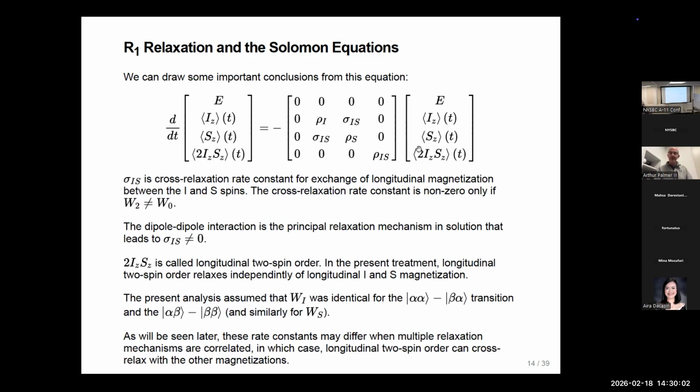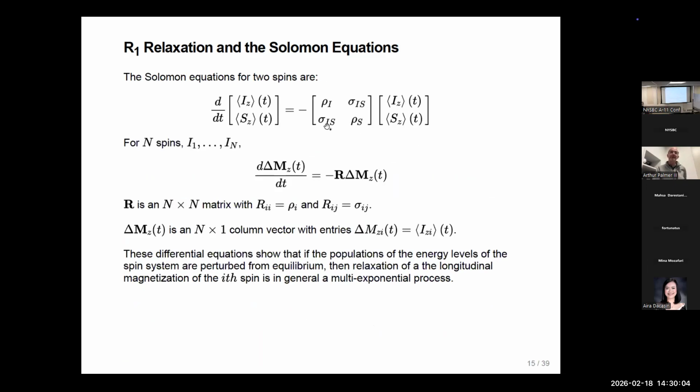If we imagine that these are deltas, then SZ of t here is SZ of t minus S equilibrium. And if I saturate the S spin, so SZ of t is always 0, then this just becomes minus the Boltzmann equilibrium for the S spin and is no longer dependent on time.